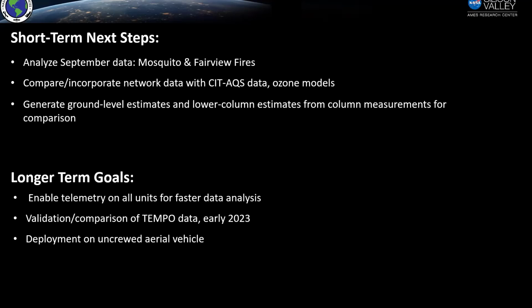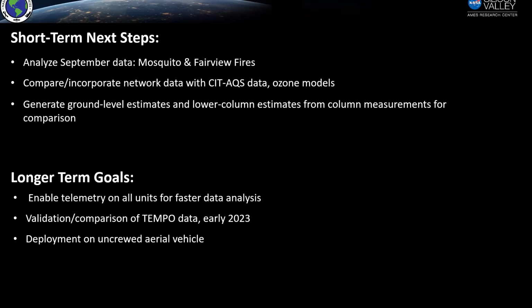And one of the last things that we're planning to do in the short term is, from each of those column measurements, like I mentioned at Caltech, going from full column to lower column, we also want to look at ground-based estimates from the existing spectrometers to see how we can use that for even better comparison and use our monitors to validate whether or not those ground-based estimates are accurate.